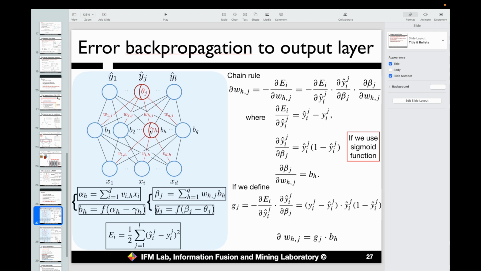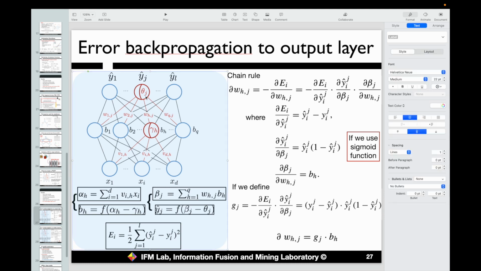In other words, the gradient of the parameters connecting the hidden neuron to the output can be directly calculated from both the hidden neuron output and the final output, by GI times BH. The GI is so useful because on the following page, we'll show that we can use this GI again in the following layer updating.